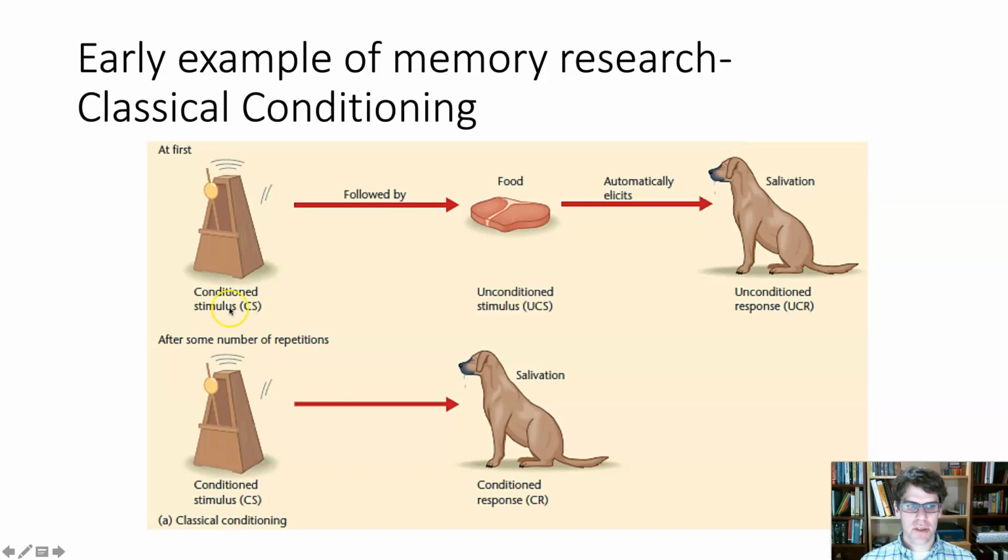However, the conditioned stimulus was that bell that made noise, right? That is something that the dog was learning to respond to. And then the conditioned response, and this is usually a little bit tricky, is the salivating response to the bell. So often the unconditioned response and the conditioned response are the same thing, but it's in the context of which they happen. Are they happening to a conditioned stimulus or an unconditioned stimulus?